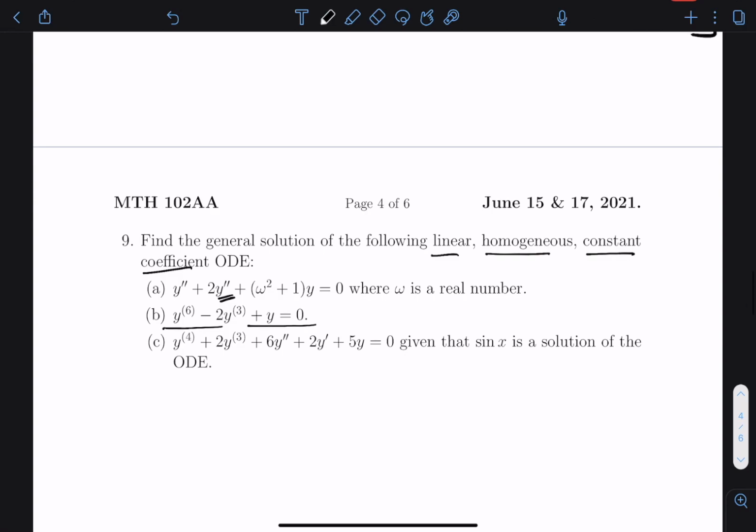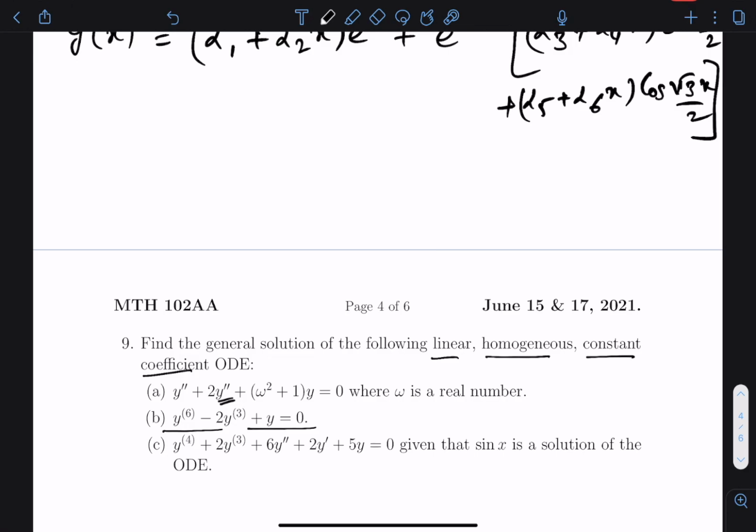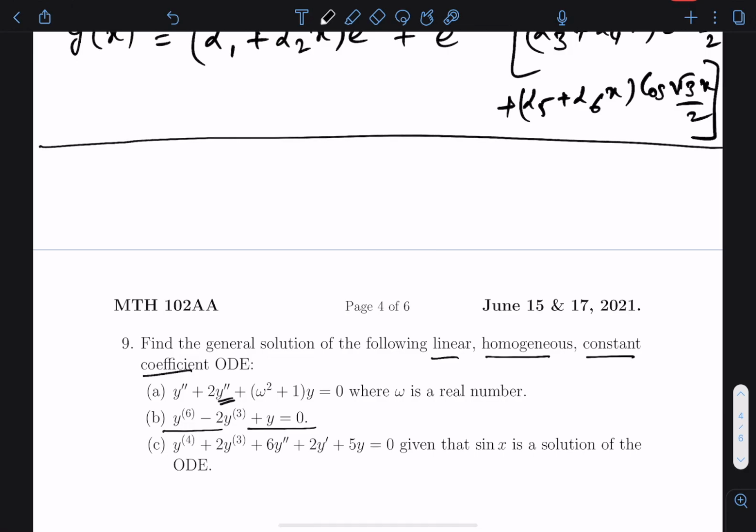Okay, now let's do 9c. So 9c is a fourth order equation, and what we are given is that sin x is a solution of that ODE, right? So it's a fourth order equation.